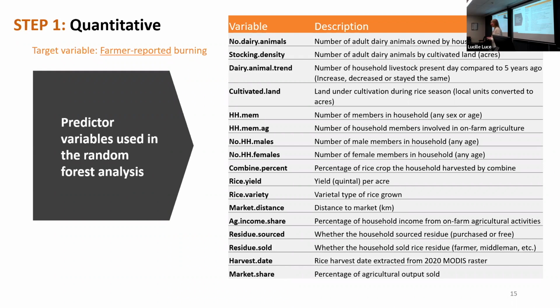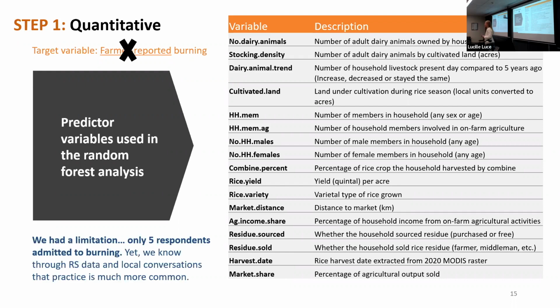Now, as all good researchers as we are, we realize that things don't always happen the way we want them to. In fact, we oversampled so that we would have a population of burners, or those farmers who have burned in the past. We only actually had 5 respondents in that last survey that admitted to burning. This is for a couple of reasons. One, it's a trust reason, essentially.